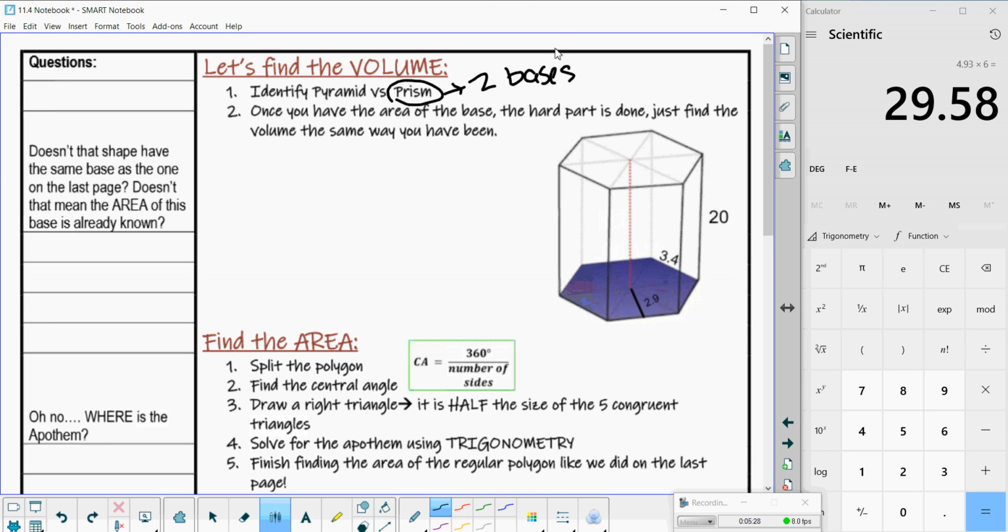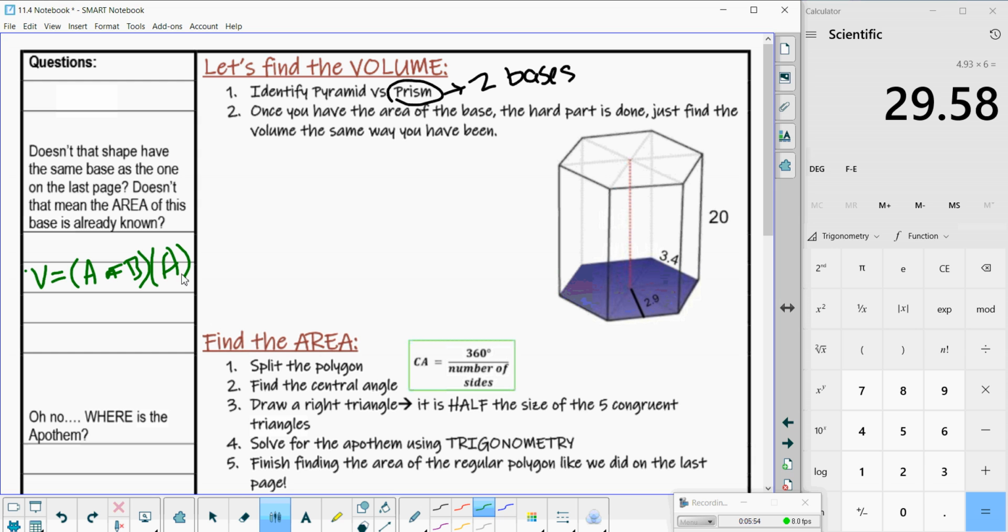And since it's a prism, we're going to write down the volume formula that we'd use. So go to your reference sheet. The volume, since it's two bases, it's just going to be the area of the base times the height of our prism. Okay.